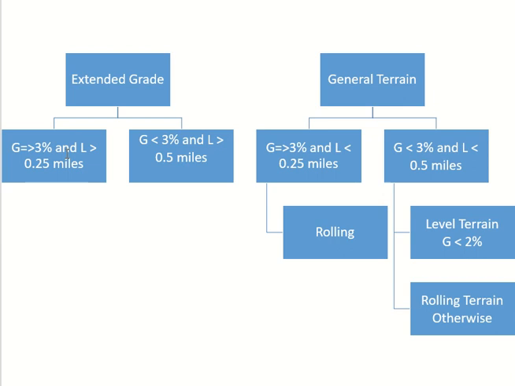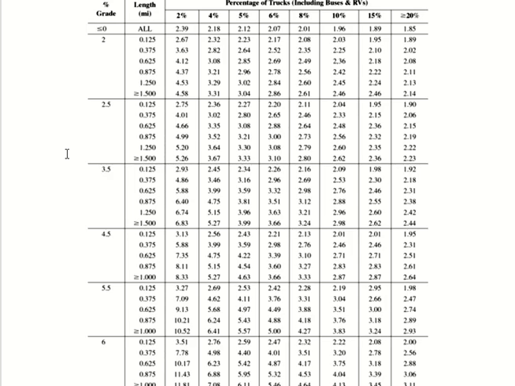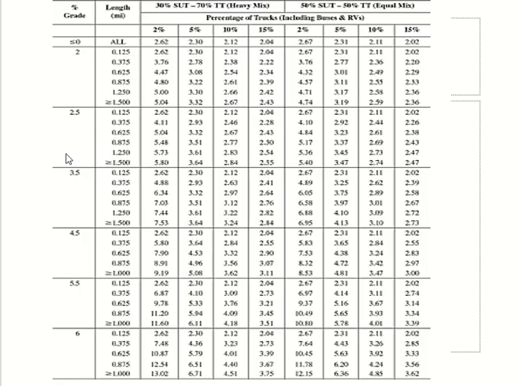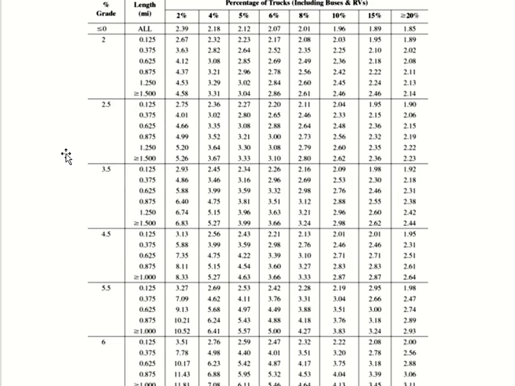Now if you have a gradient, then you can use this table or this one. It depends upon what mix you have for heavy vehicles. They are saying what? Standard mix. For a standard mix, we use the first table.